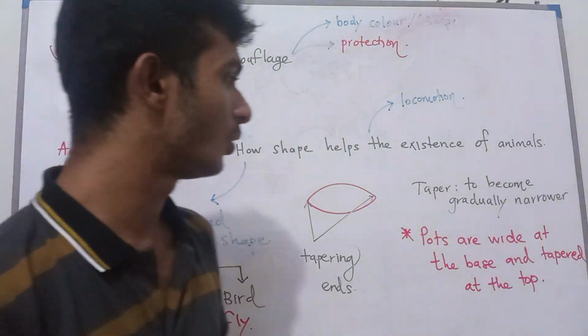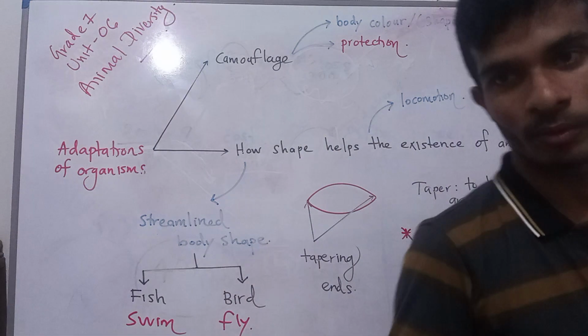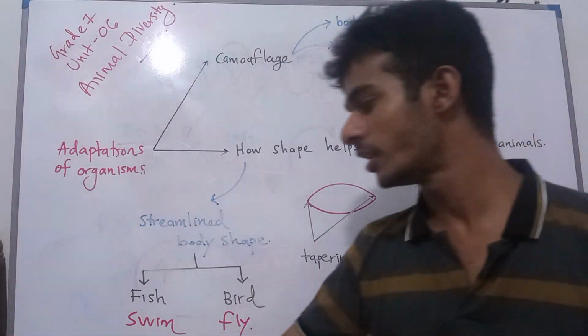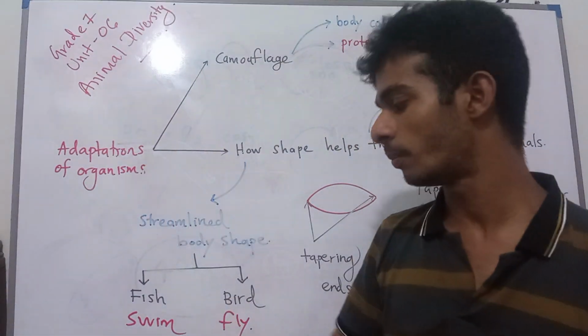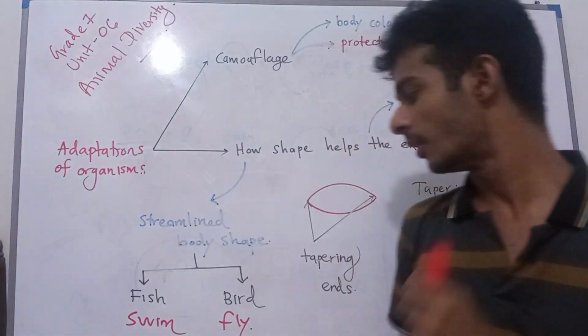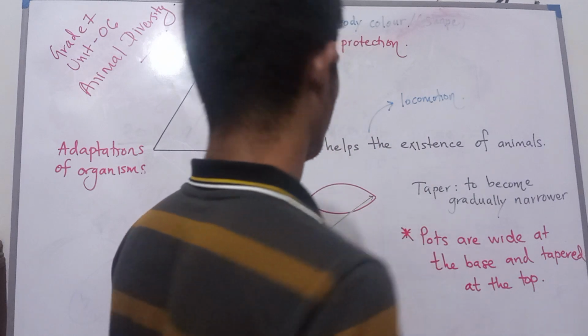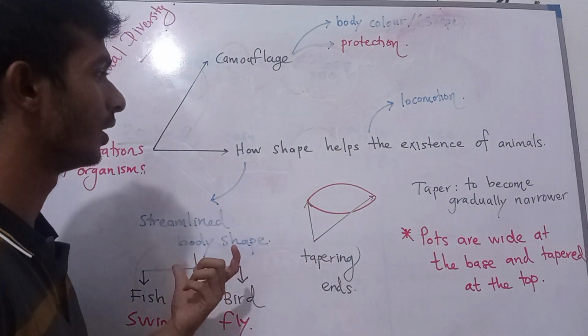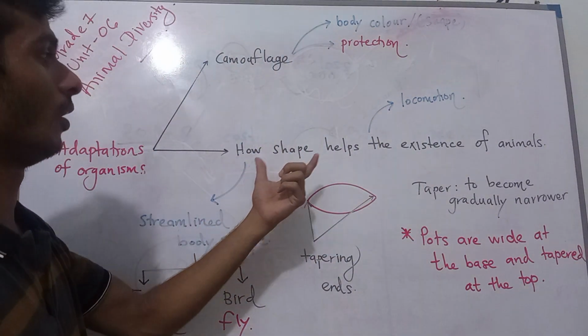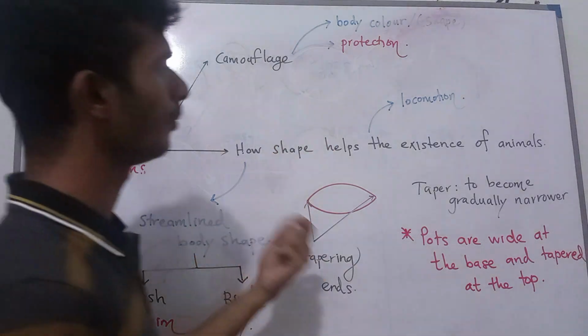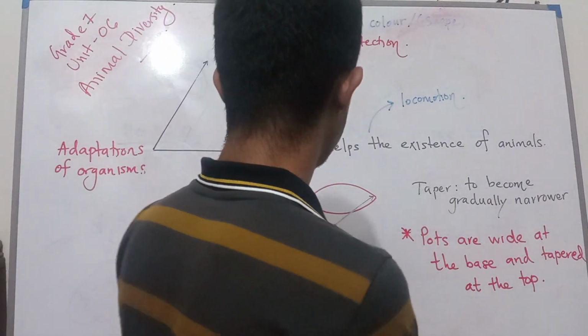When I went to one of my relatives' home, I found this pot. Once I saw the pot, the word taper came to my mind. During the explanation of the streamlined body shape, I told you there is a tapering point.